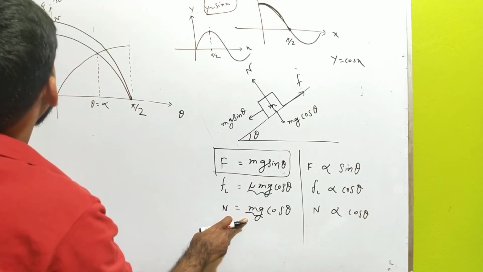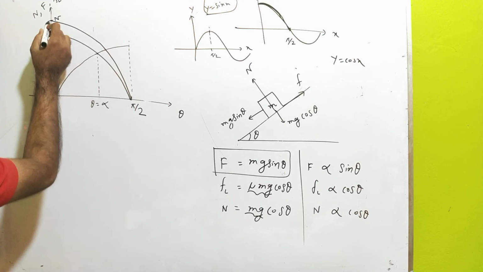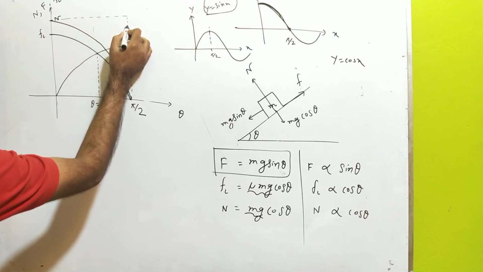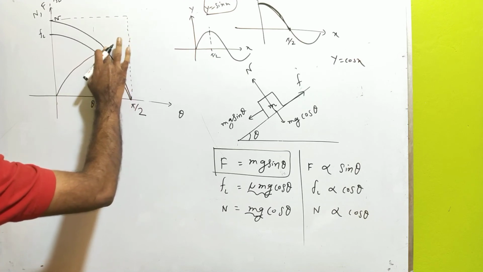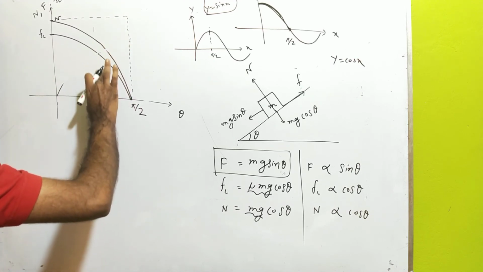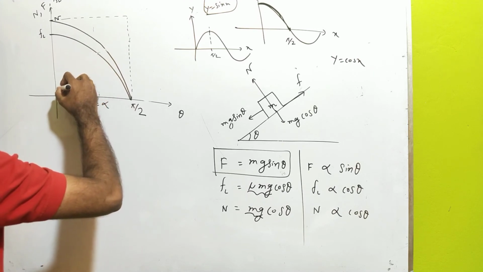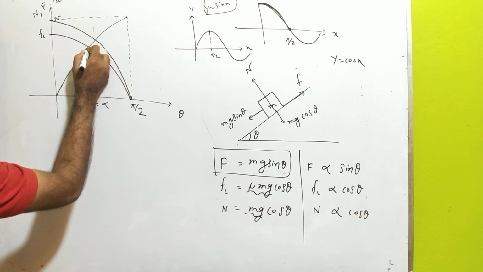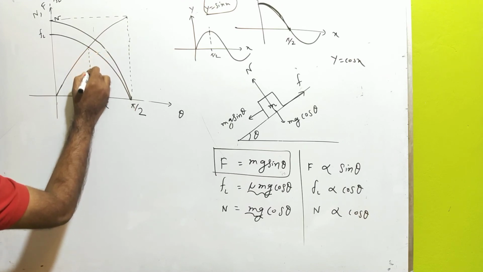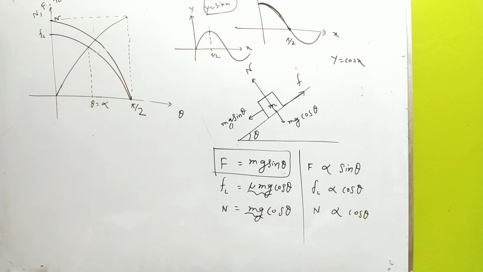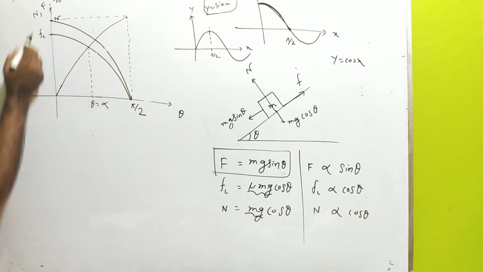And N has the same maximum value mg, so it has to touch at that point. So let me draw this graph again. It must touch the graph at that point, and in that case this will be theta is equal to alpha.